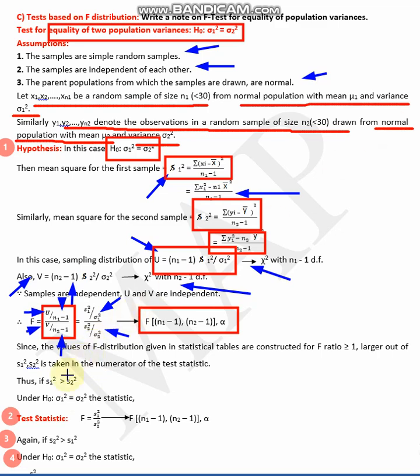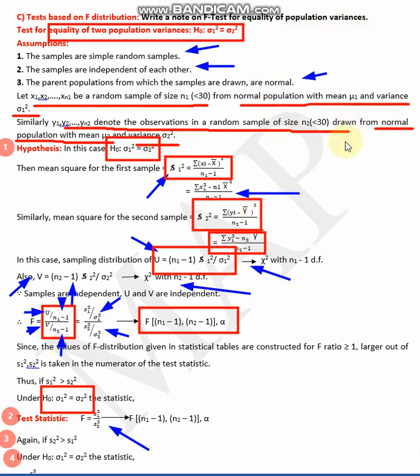Under my null hypothesis, sigma 1 square equal to sigma 2 square, the test statistic becomes F equal to s1 square divided by s2 square, which follows an F distribution with n1 minus 1, n2 minus 1, comma alpha. Alpha is my level of significance. Suppose the case is s2 square greater than s1 square.